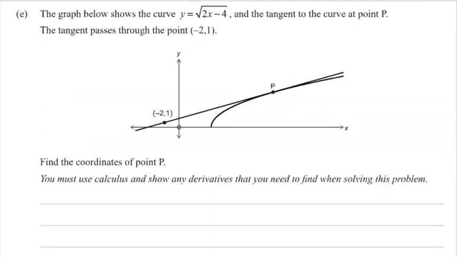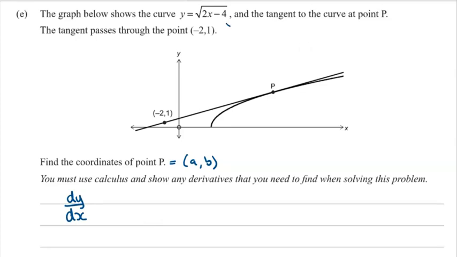So we have a curve, we've got a tangent to the curve, and we want to work out the coordinates of the point P where that tangent touches the curve. All right, so I am going to call P (a, b) for its coordinates. We're going to be doing gradients of the curve, so dy by dx.